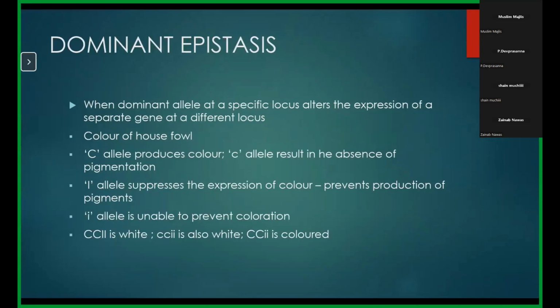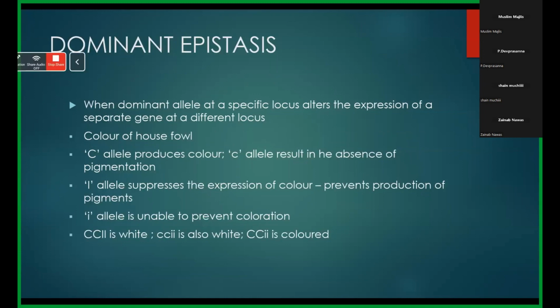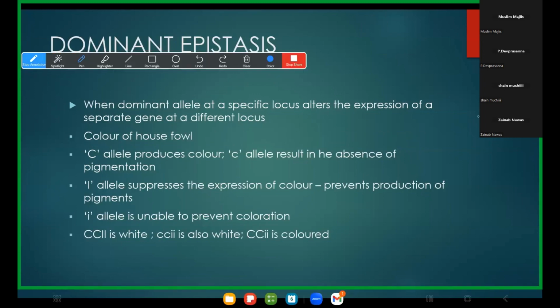Dominant epistasis is when a dominant allele at a specific locus alters the expression of a separate gene at a different locus. So if we consider this situation, we have an allele here that is responsible for expressing the specific trait X. Then another gene here, only if it expresses the dominant allele at this locus will it be able to express this gene.